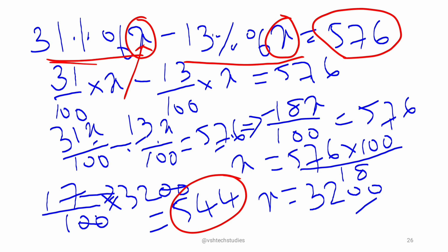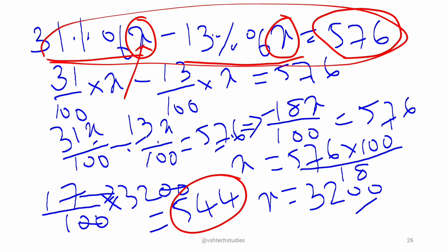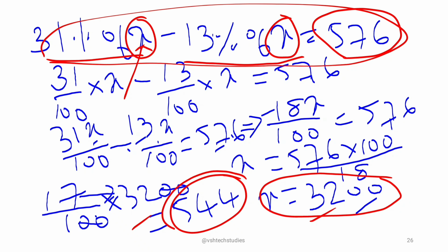So from this equation we get x equal to 3200. That is the given number, but that is not the question. 17% of this. So 17% of the given number, that is 3200, is 544. So hence 544 is the answer.